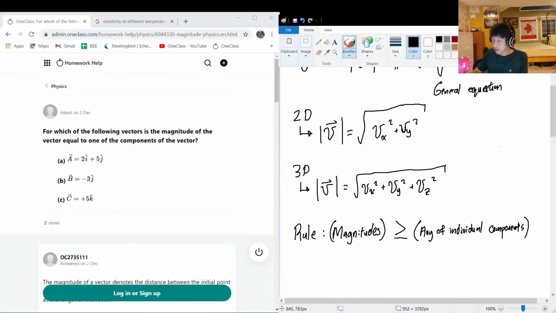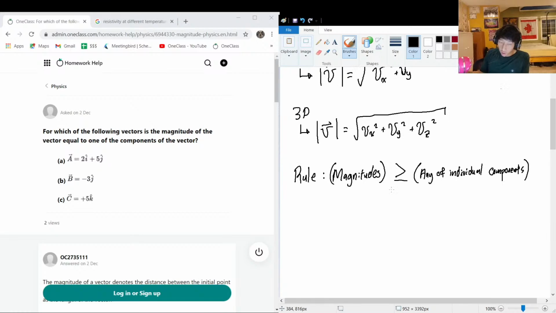Okay, that's a nice rule, and magnitudes are only going to be equal if there's only one component. I'll write that out too. Equals single component, in single component vectors.